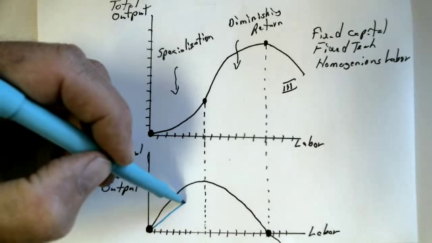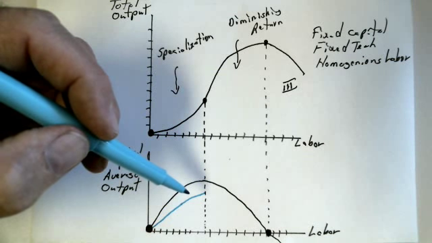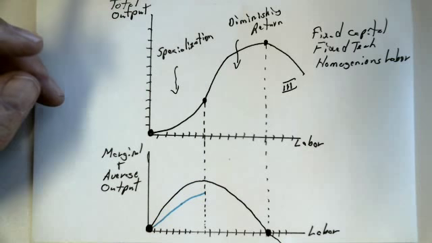Now, when you get here, average output per unit would still be rising even though the output per worker is now falling. So that would be like in that test example, if you made a 50, then 60, then 70, then 80, then 90, and then maybe you made an 85, your average would still go up as long as your average was less than that particular grade.